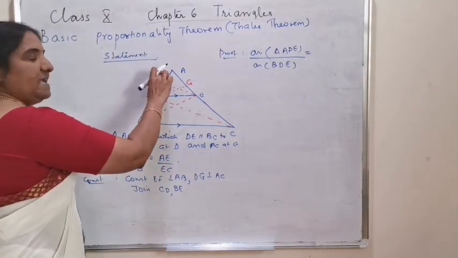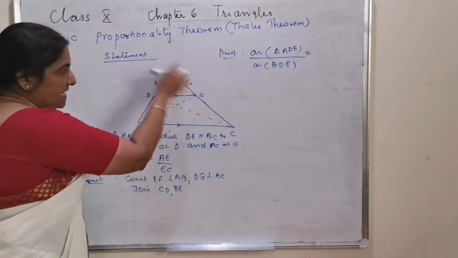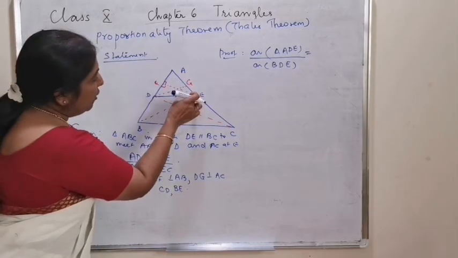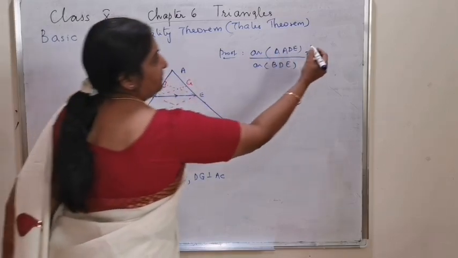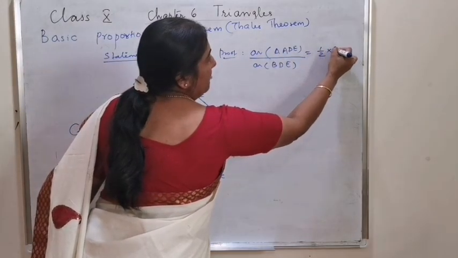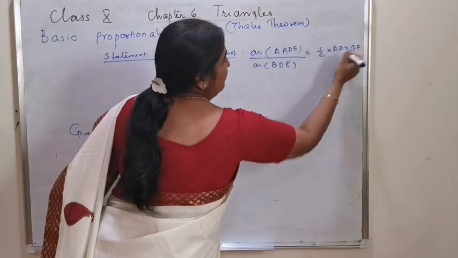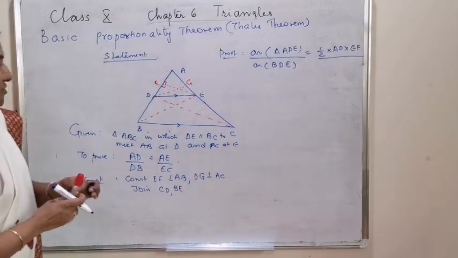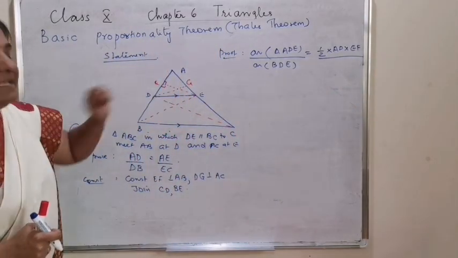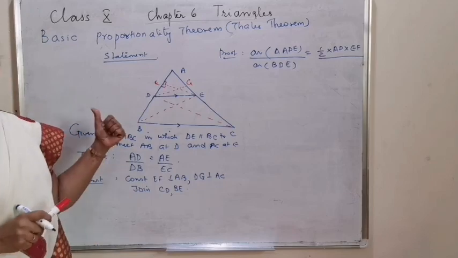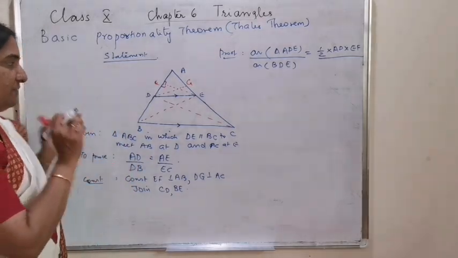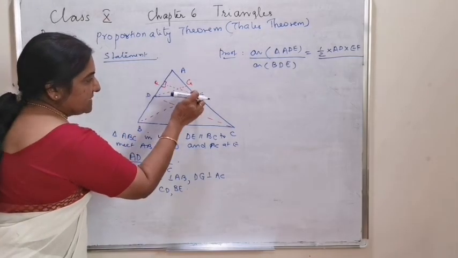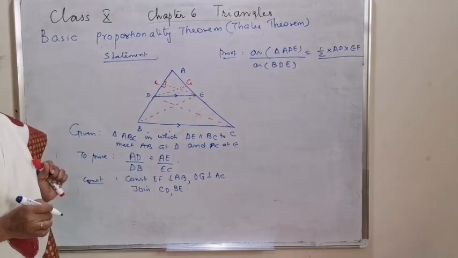Triangle ADE has a base of AD, altitude is EF. Half into AD into EF, divided by triangle BDE, which is an obtuse triangle. As I have mentioned, the altitude is on BD extended, EF itself.